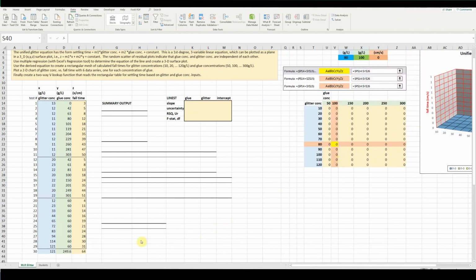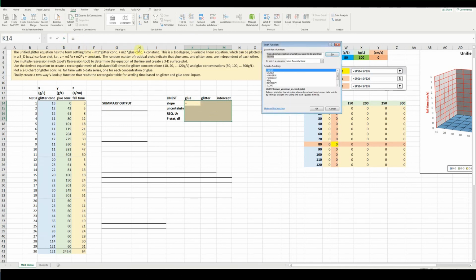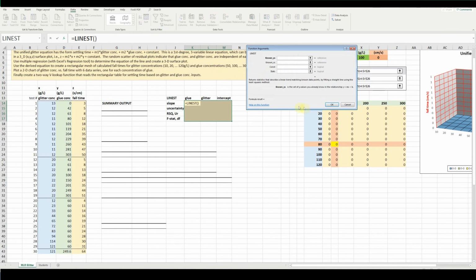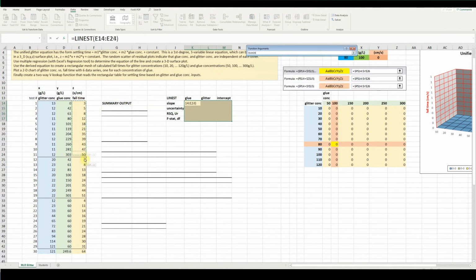This Excel worksheet is called MLR Glitter. So let's get LINEST first. We'll select 3 columns, 4 rows deep. Insert a function. LINEST is good. The known y's, these are the fall times. We'll choose all of them.